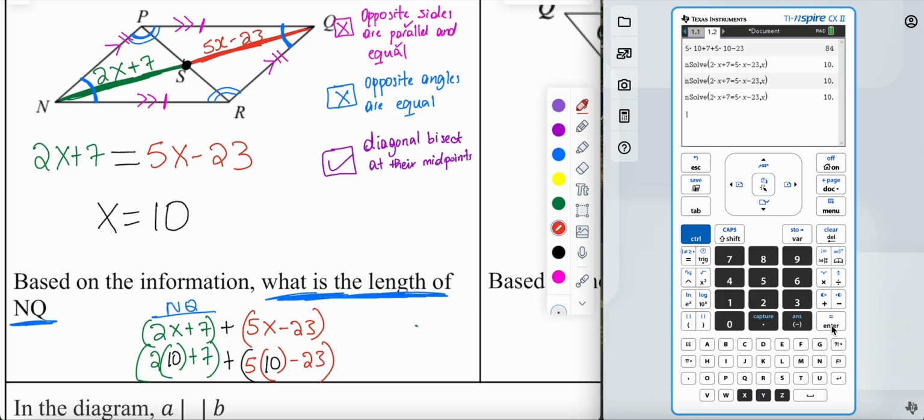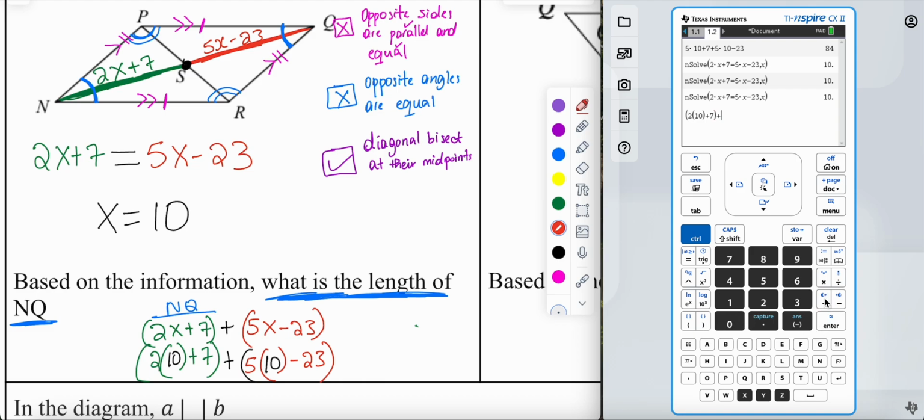Now we just work this out in our calculator, and that should give us our answer. So I'm going to have parentheses 2, parentheses 10, close parentheses, plus 7, and then close that big parentheses.